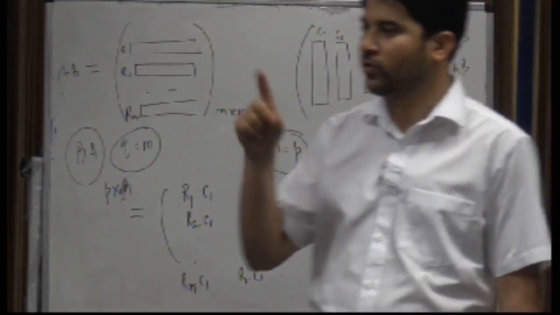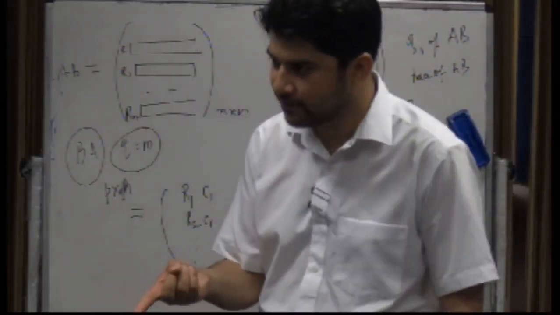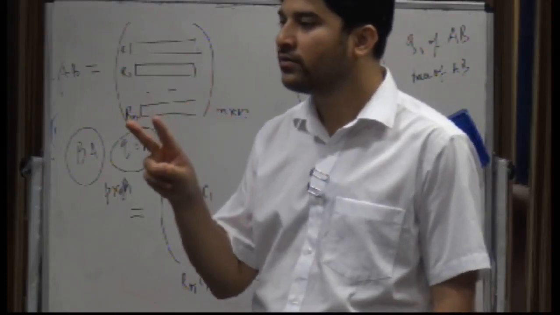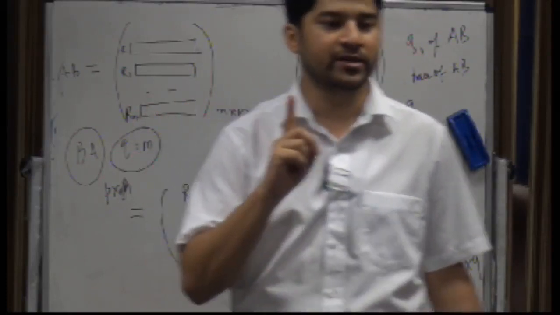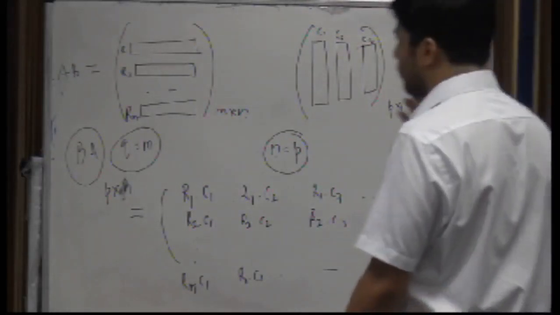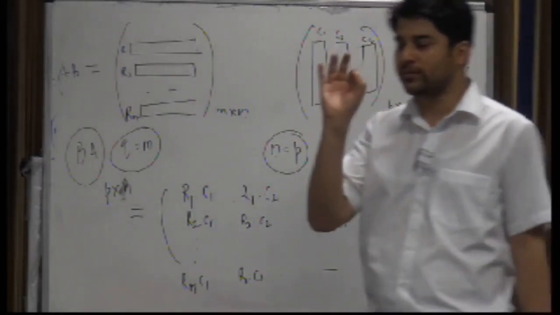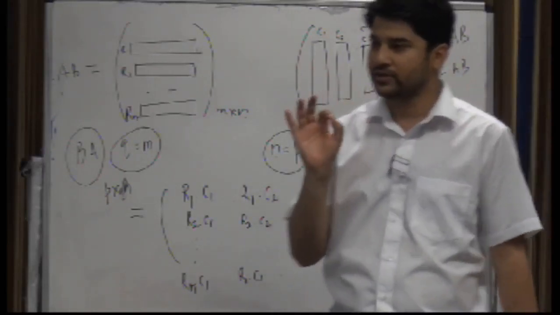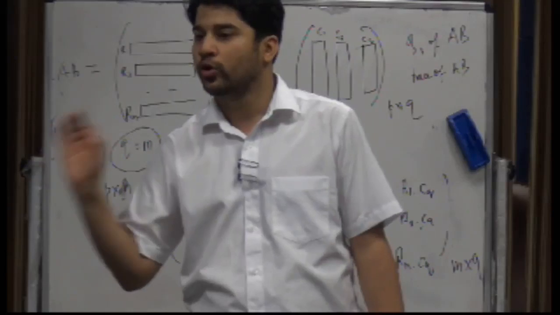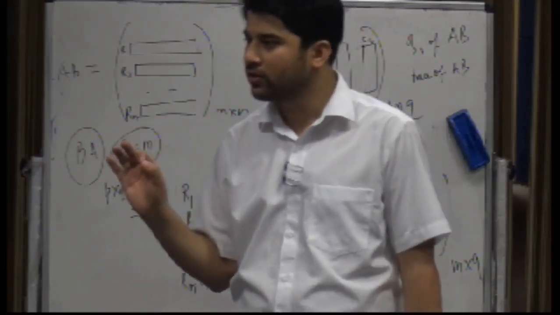Okay, if AB and BA have the same order, does it mean that they are equal? No, that also depends. So a few properties: we understood something about the commutative property of matrices. First, generally matrices are not commutative.